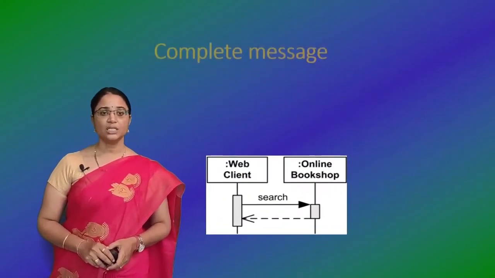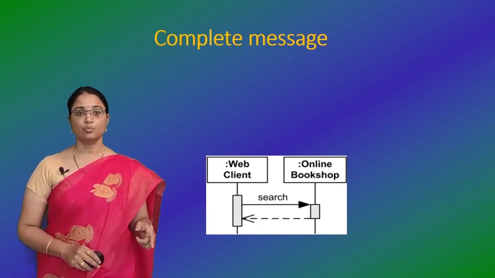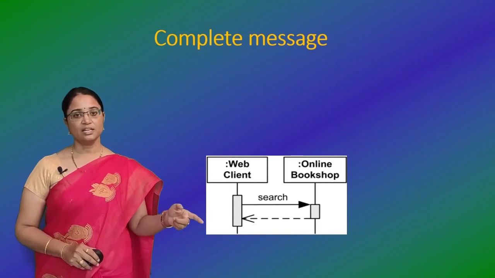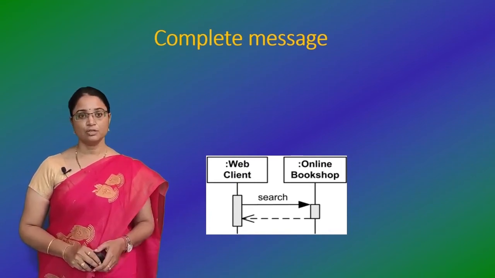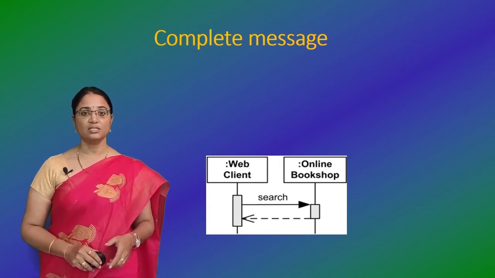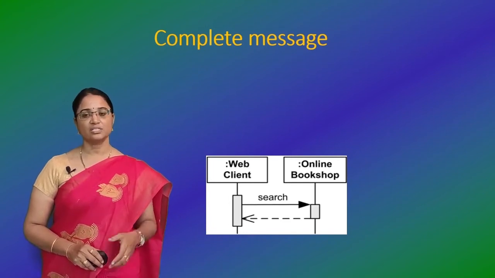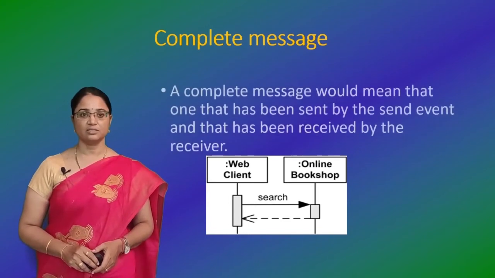Next, coming to the complete message. In terms of events, as I said, most messages are complete messages that have a send event and a receive event. When I send a message, this is the point where I do the send. So I have a send event like this, and when the message is received by the receiver, I have a receive event at this point.